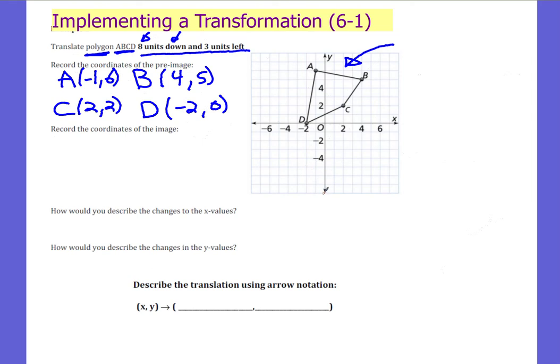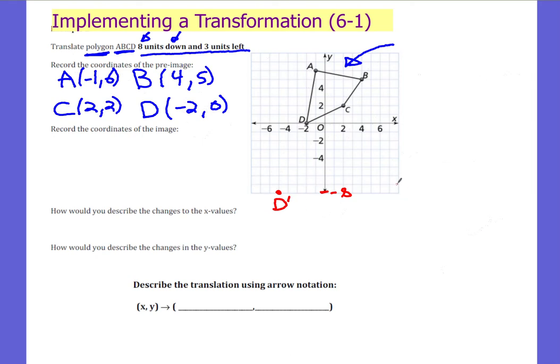It'll end up down here at -8. We'll just label that. Then we have to go 3 to the left. So 1, 2, 3. We end up right here. And we can't give it the same name. We went 3 left, 8 down. Let's call this D prime, our translated point D.